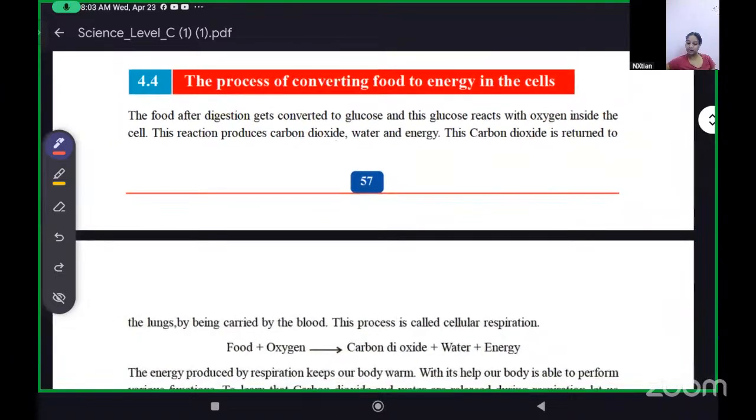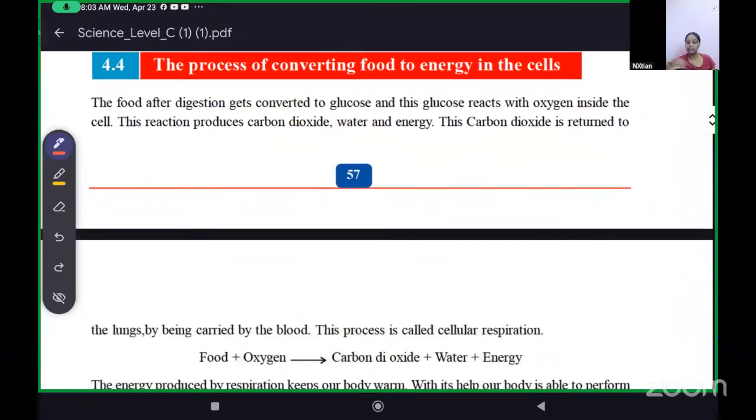Now, the process of converting food to energy in the cell is the second part of respiration. One is breathing, gaseous exchange, taking in oxygen and releasing CO2. Another is the process where food is converted into energy in the cells.